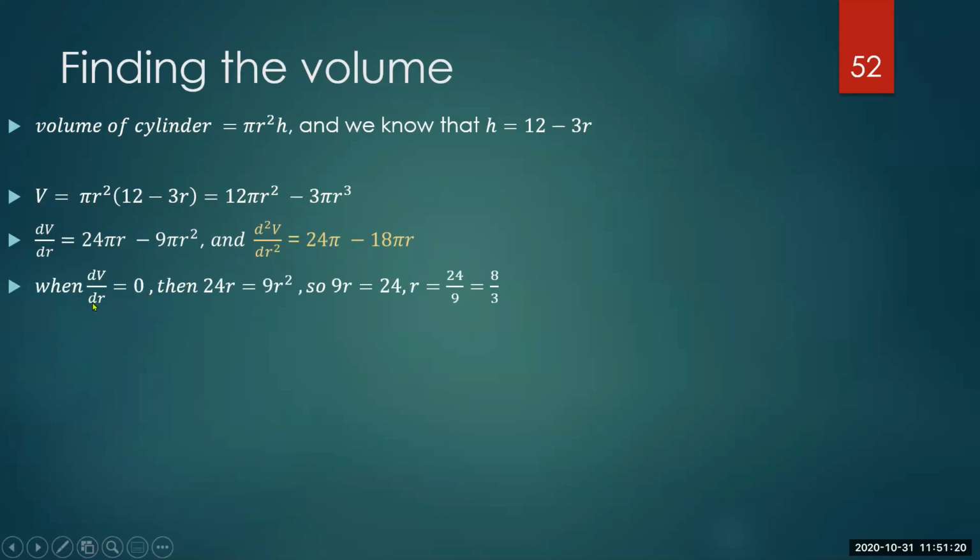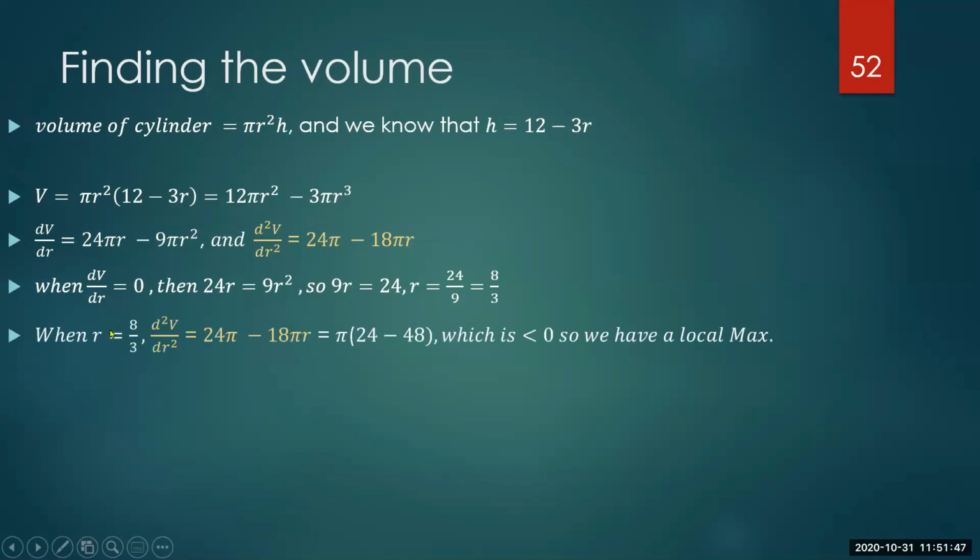So when dV/dr is equal to 0, then 24r is equal to 9r squared. So 9r is equal to 24. So r is equal to 8 over 3. So when r is equal to 8 over 3, that's when dV/dr is equal to 0. And now we differentiate again to prove that this is a local maximum value.